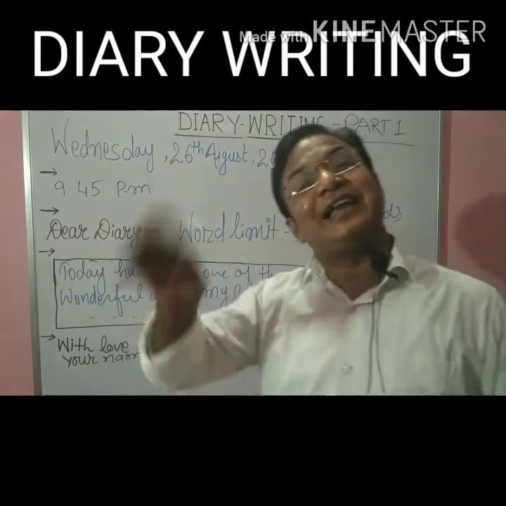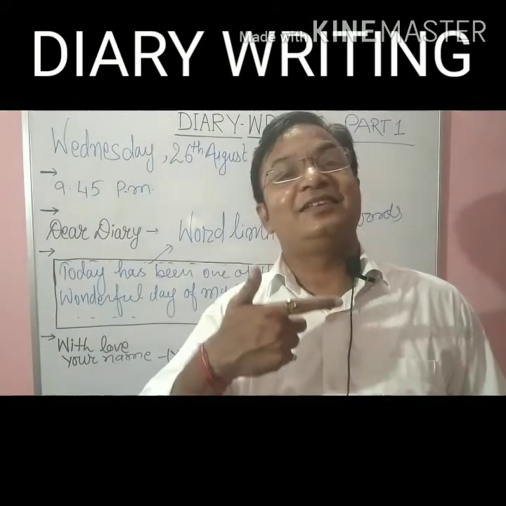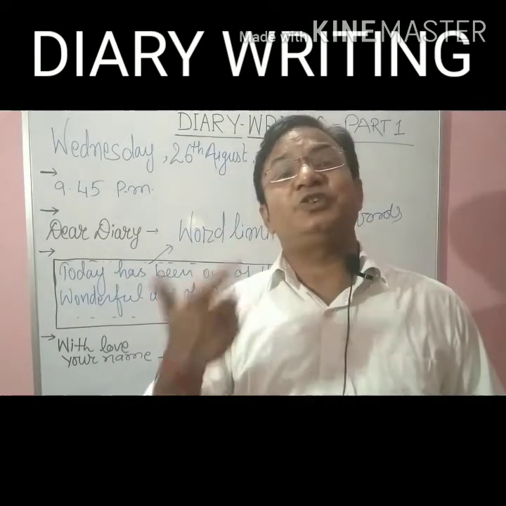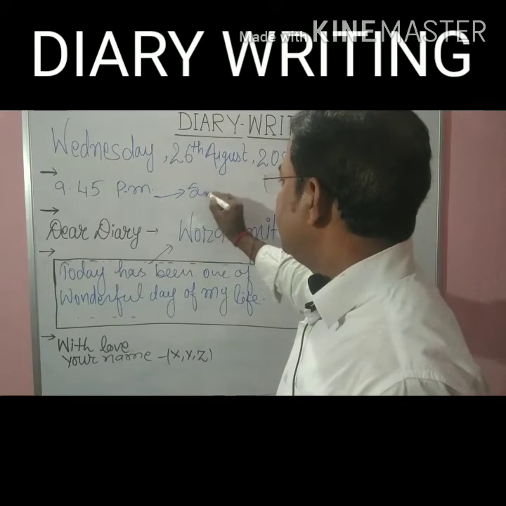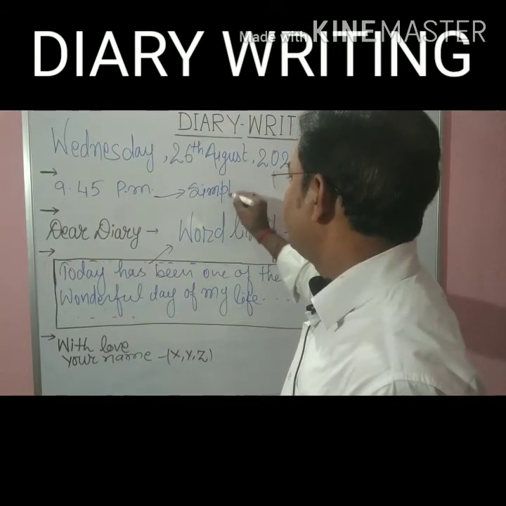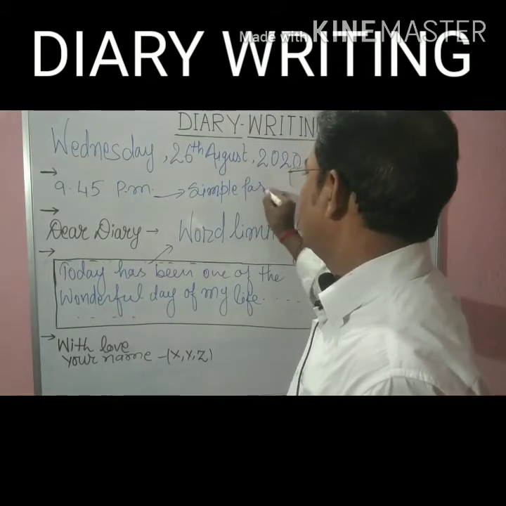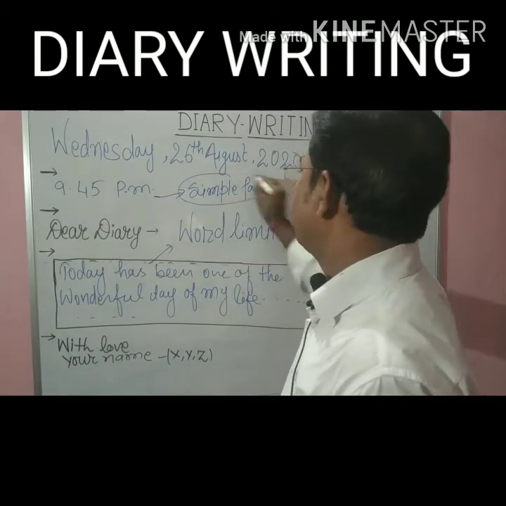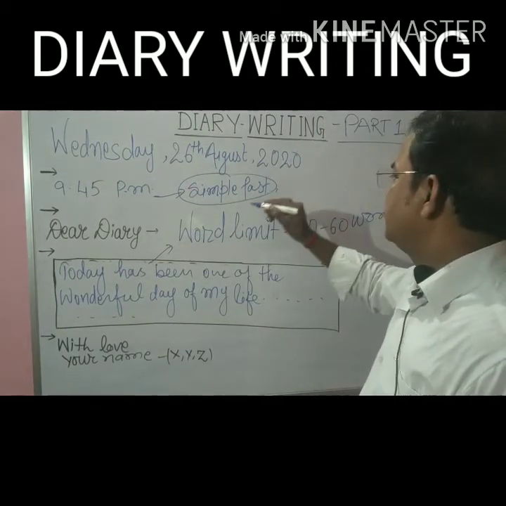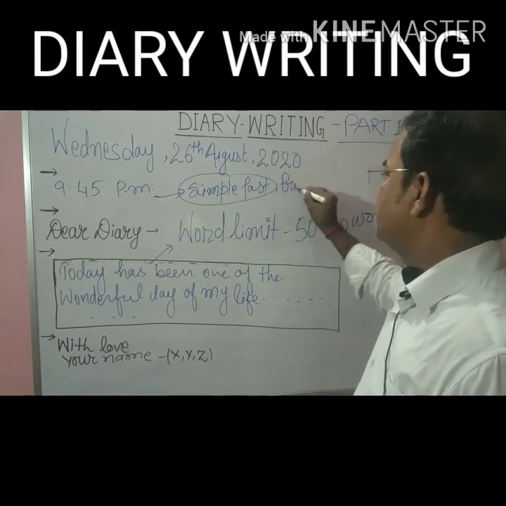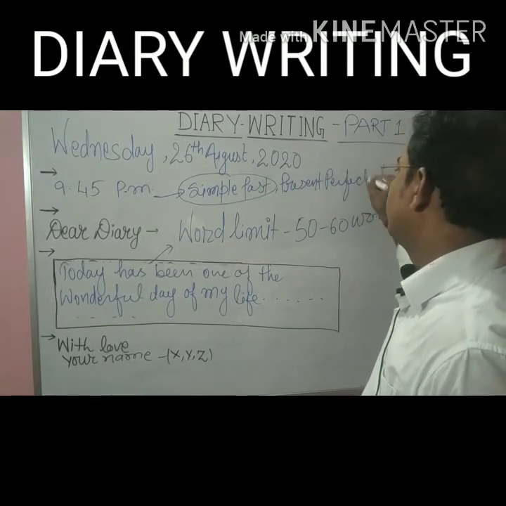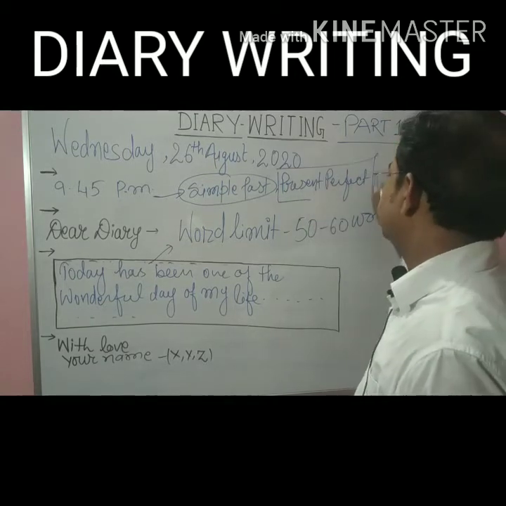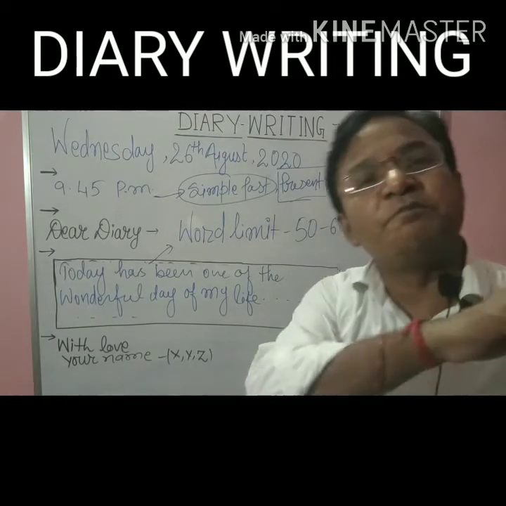So you will ask me another question, sir, what kinds of tenses should we use while writing a diary? First of all, you can use simple past tense. Later on you can use present perfect. You can also use simple future.